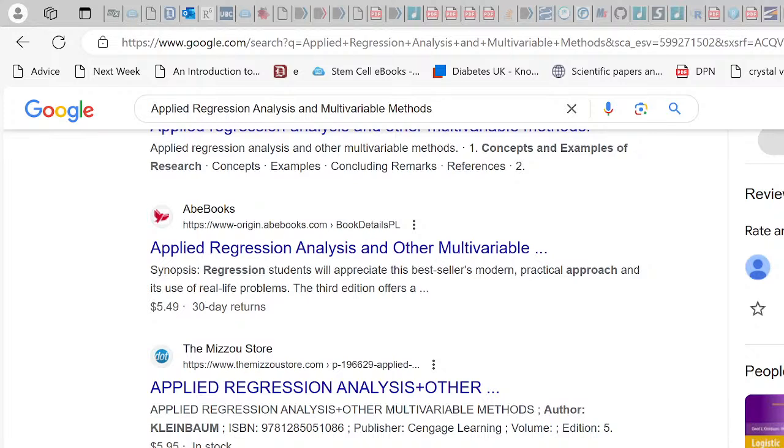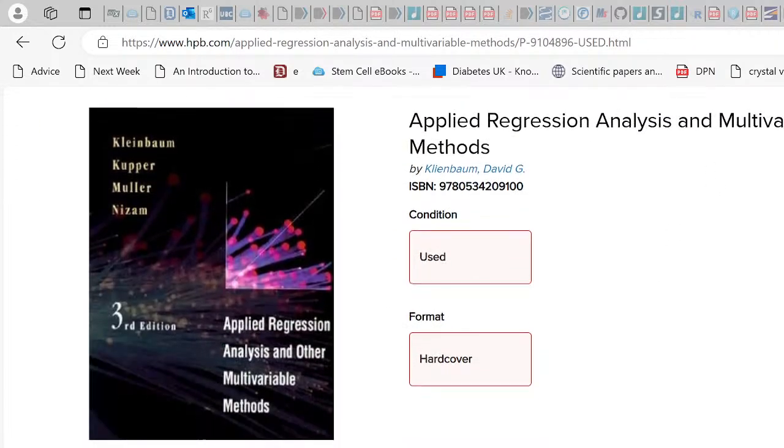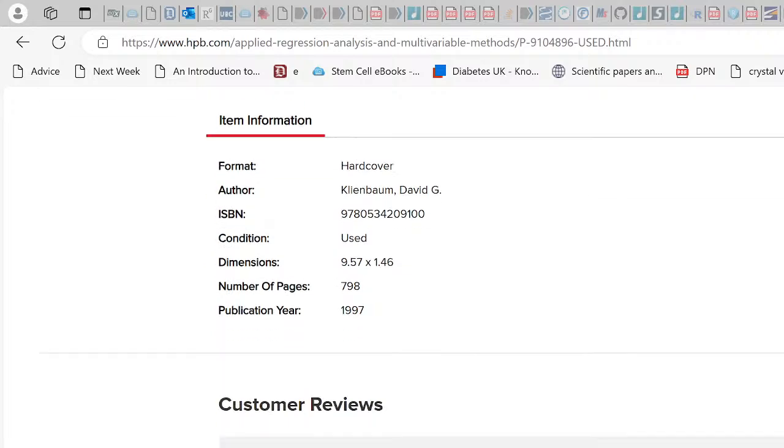Books have come down a whole lot thanks to Kindle and online textbooks, electronic formats. When things like this first came out, they were in the $200-300 bracket. If you look at the very basics, I know this author, he's retired now, Kleinbaum and Kupper. This book has been used in almost every graduate school that gives master's and PhD degrees in statistics, and it is the third level.